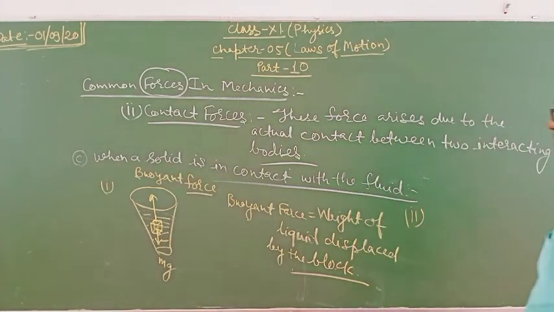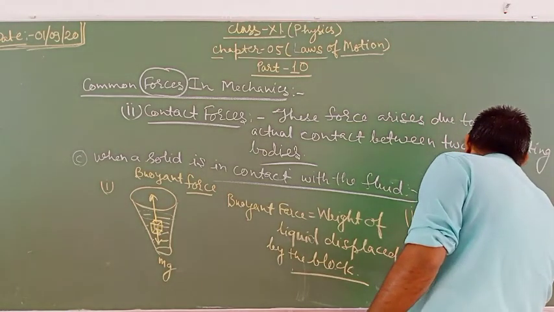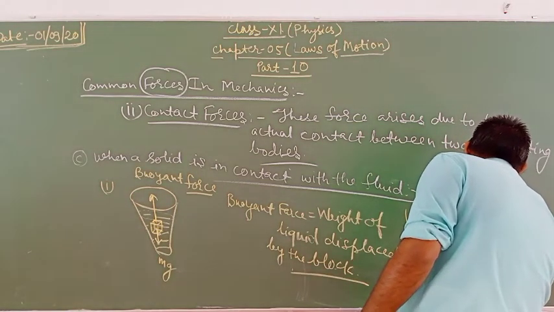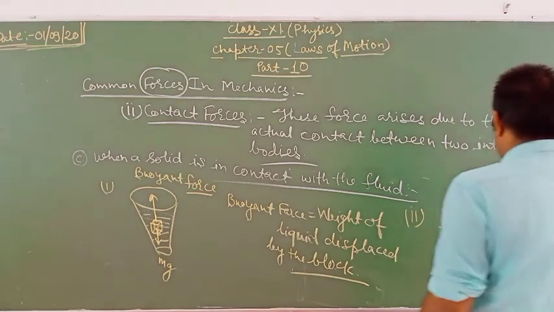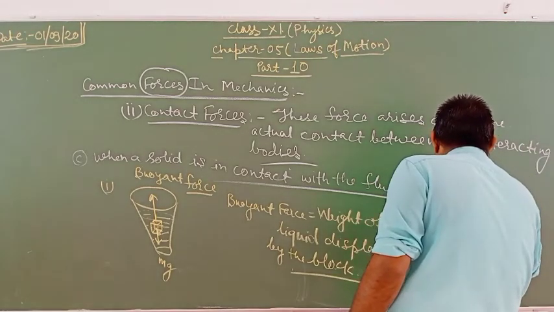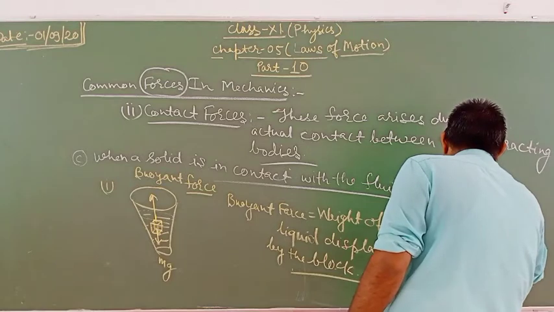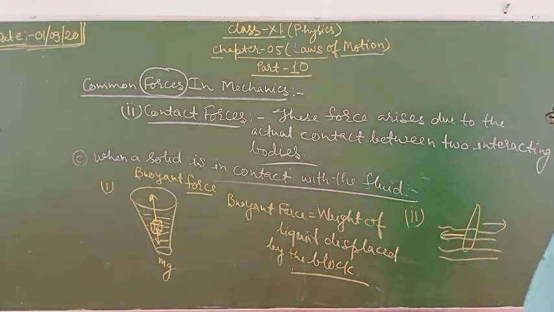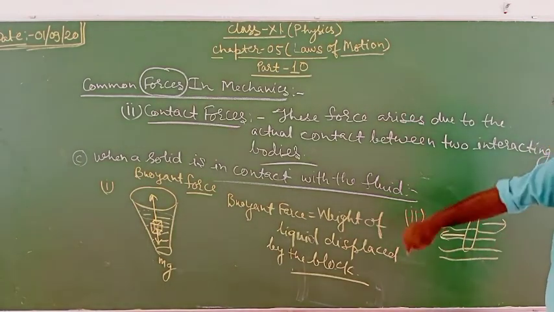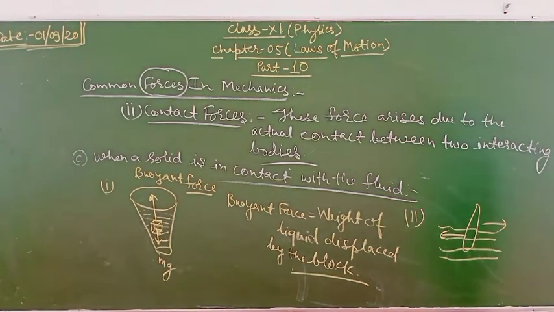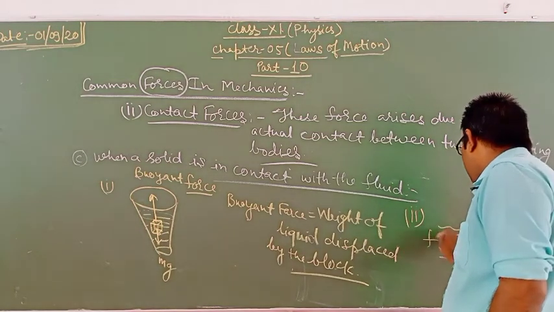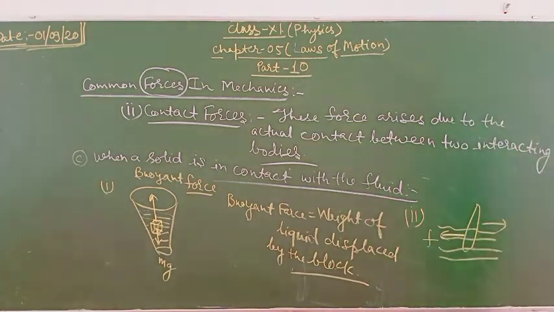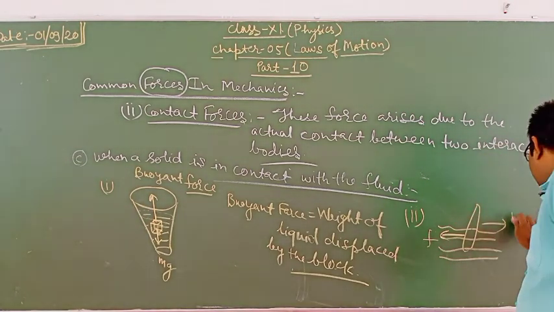Second, in the same scenario, we can take another example. Suppose here there is flowing water, and you are moving a rod in this direction while water is flowing in this direction, or exerting a force on the rod in this direction. Then there is a hurdle or resistive force experienced by you. That force is called the viscous force.